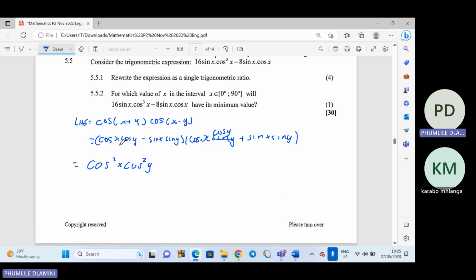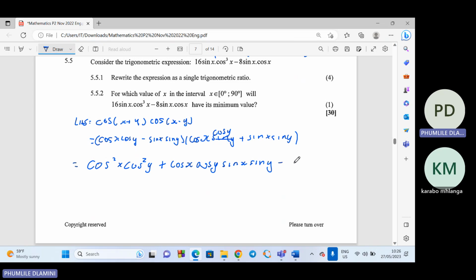Then you multiply cos x cos y by sin x sin y. We're going to have plus cos x cos y sin x sin y.